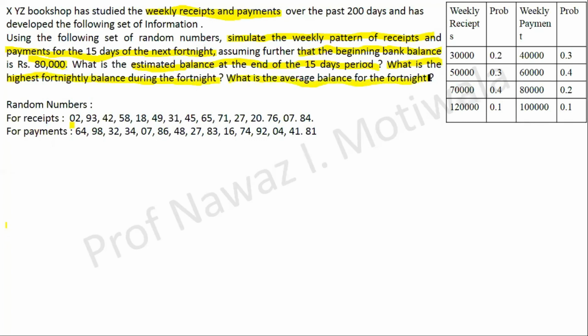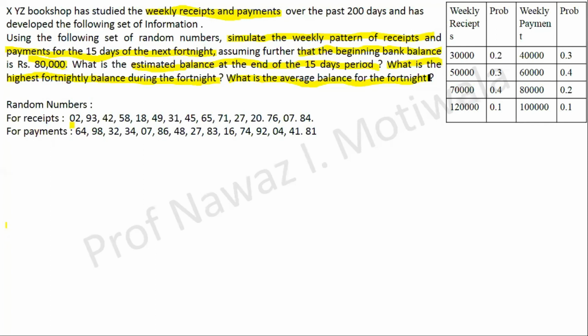So in simple terms, what we need to do? We need to simulate our receipts and payments. For example, let us say for the first day there was a receipt of 100 rupees. And on that particular day only there was a payment of rupees 80 to, let us say, a book supplier.